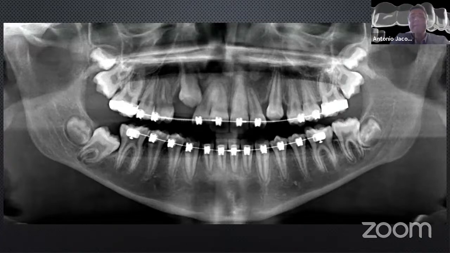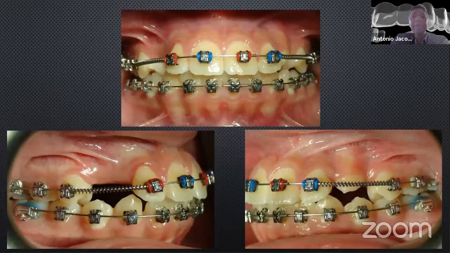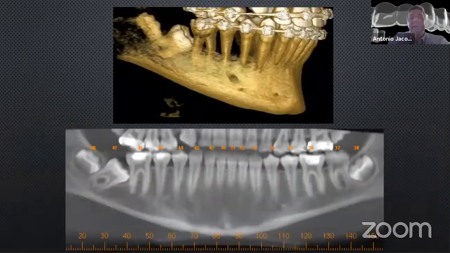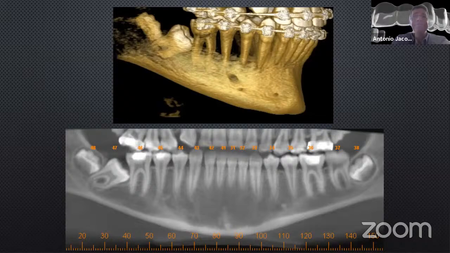We are just waiting and taking X-rays to accompany and understand that this canine is coming passively. So we just wait a little bit more, and then the canine was erupting. I saw that the second molar was also impacted on the right side in the lower part.